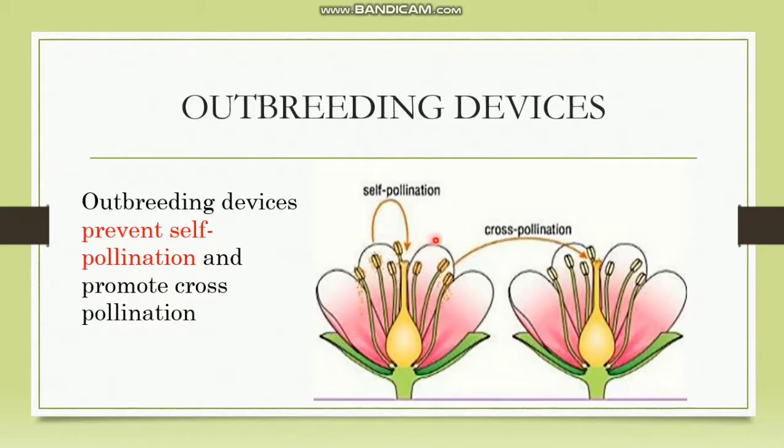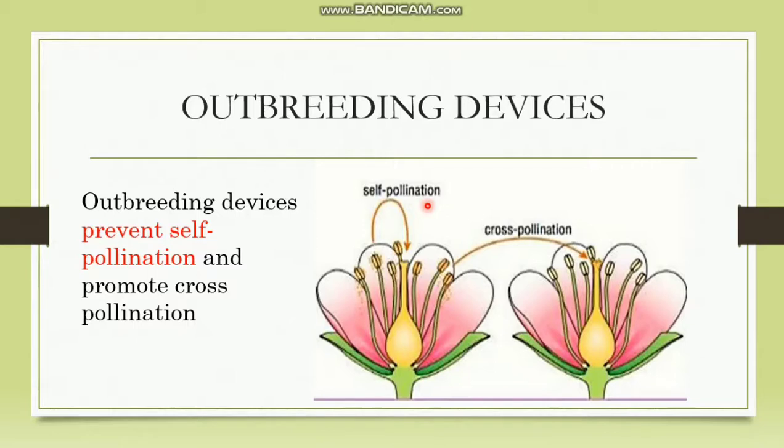This type of pollination, where the pollen of the same flower comes in contact with the stigma of the pistil, is known as self-pollination. If self-pollination occurs for several generations, it leads to inbreeding depression, which means it reduces the productivity and fertility of the plant.